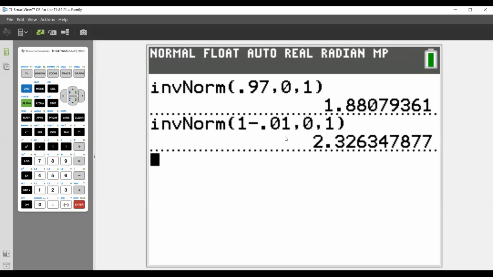Notice now that the z is 2.326. You round to 3 decimal points. All right. So what we're saying is that the area to the right of z equal to 2.326 is 0.01 or 1%. 1% of the area is to the right of that number. Any questions about that?